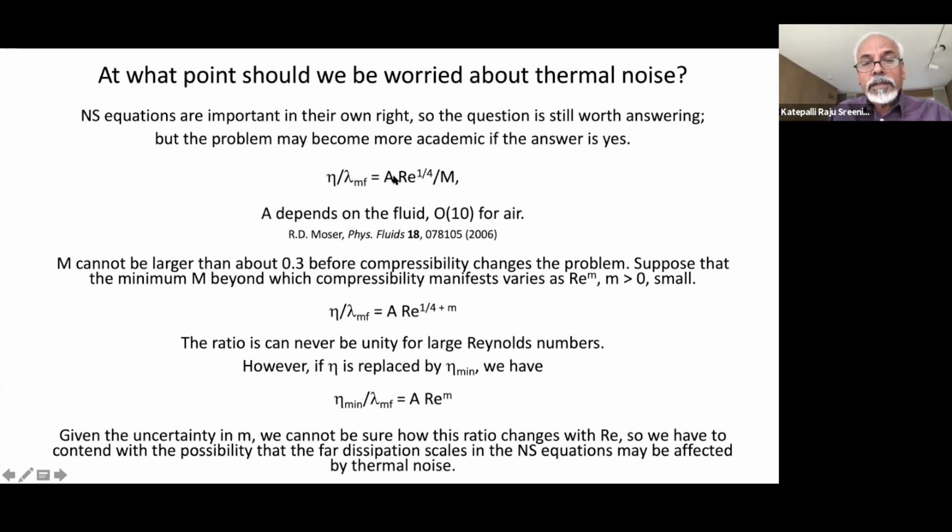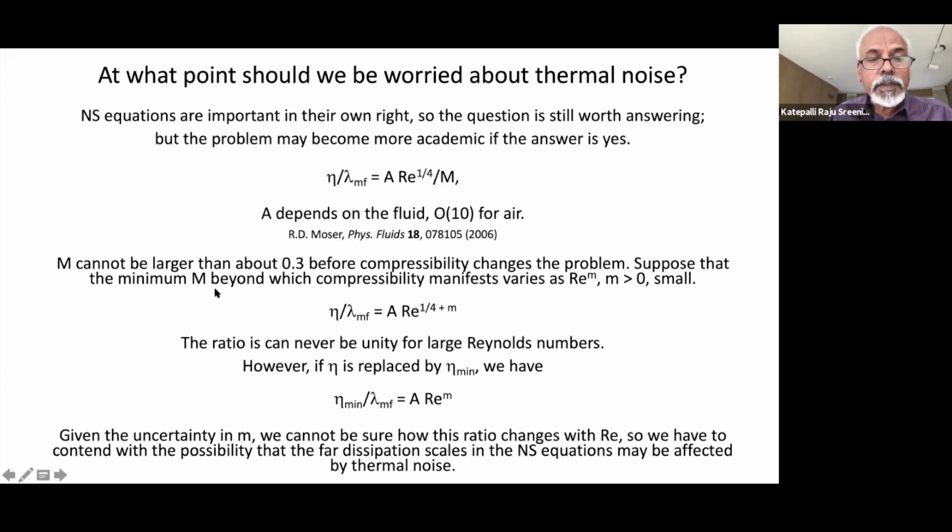Obviously, this number here depends on the flow and on which material it is that is flowing. For air, it's of the order 10, something like that. Now, the Mach number cannot be very large. If it is beyond about 0.3, compressible effects start coming in, and it's a different problem.